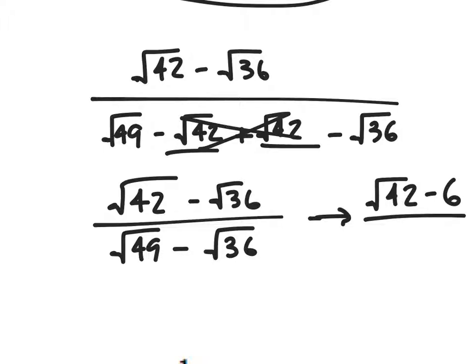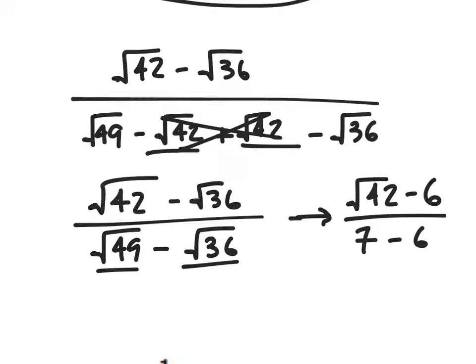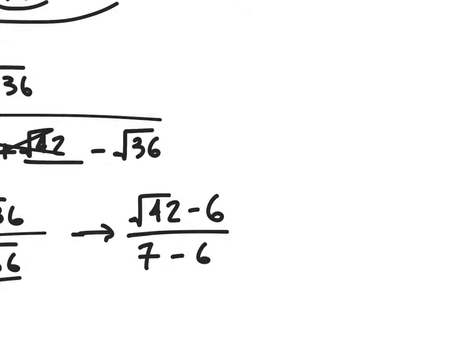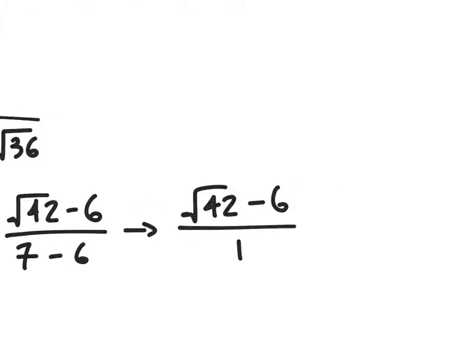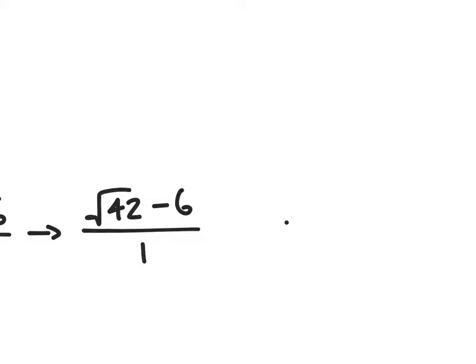Now down here, I'm going to get the square root of 49, which is 7, minus the square root of 36, which is 6. So look what I've got: the square root of 42 minus 6 all over 7 minus 6, which is 1. So my answer is the square root of 42 minus 6.